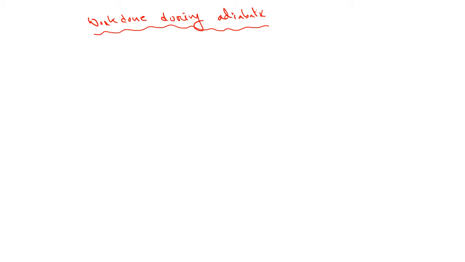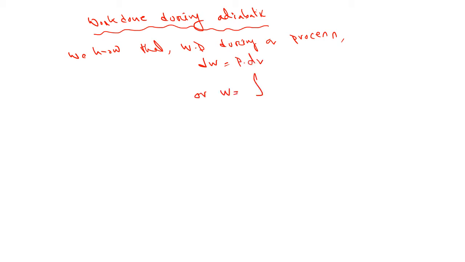First, we know that work done during a process is dW equal to P dV, or we can also write W in the integral form.